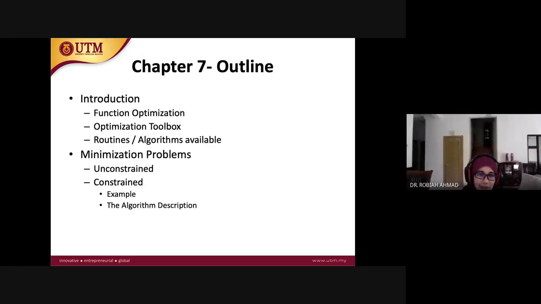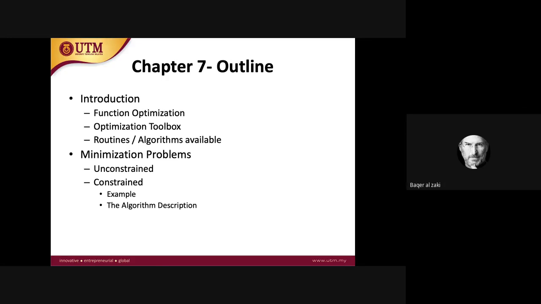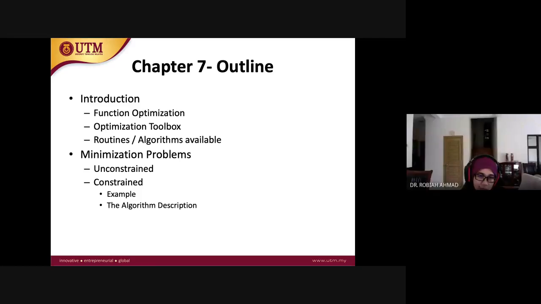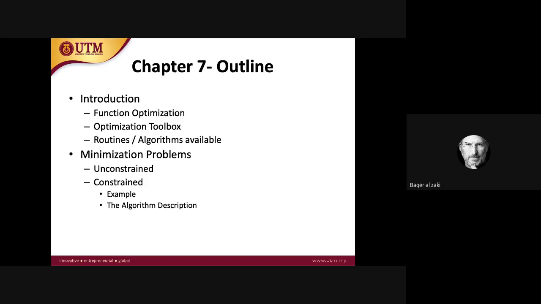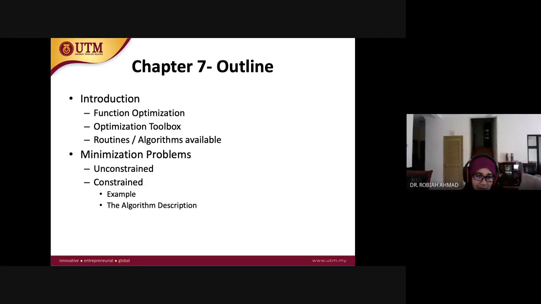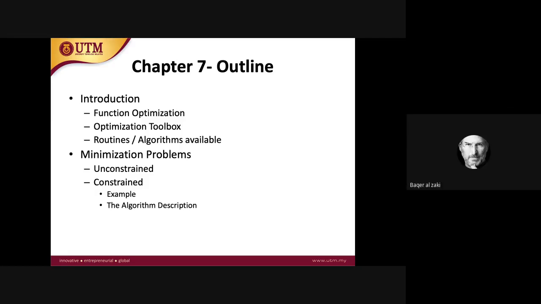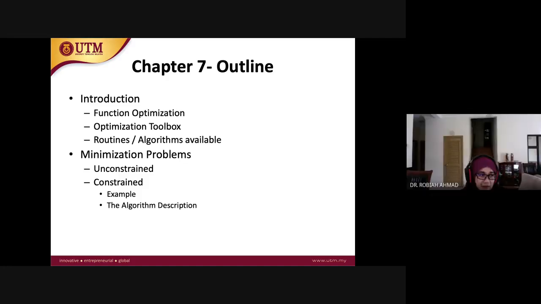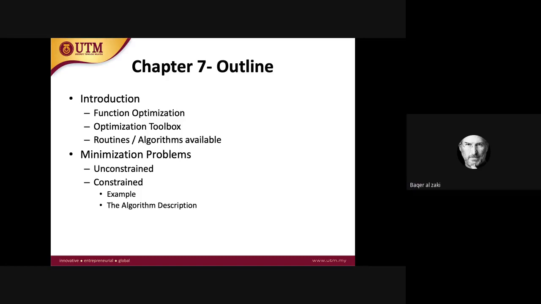Okay. So the outline for chapter 7, basically, we look into the function optimization. We look at the optimization toolbox, and we look at some routines and algorithms available. Most of the examples for the standard, default toolbox for optimization concentrate on minimization.